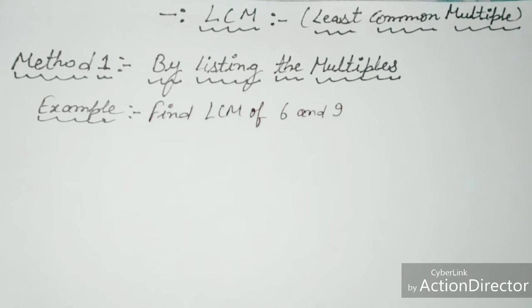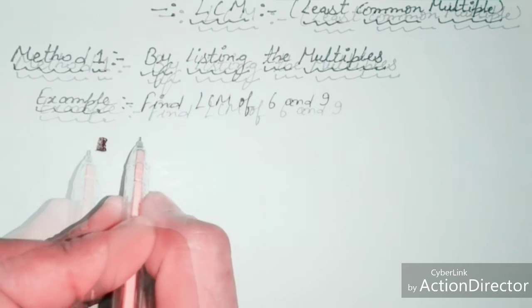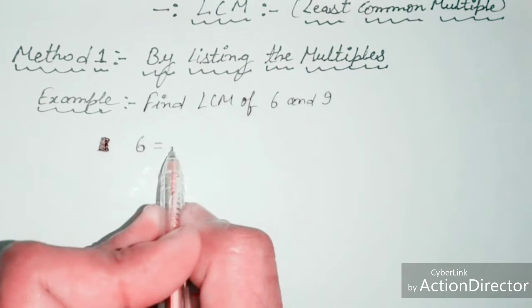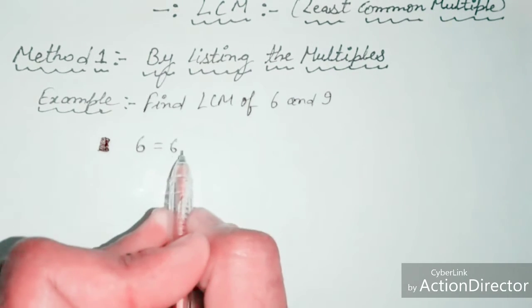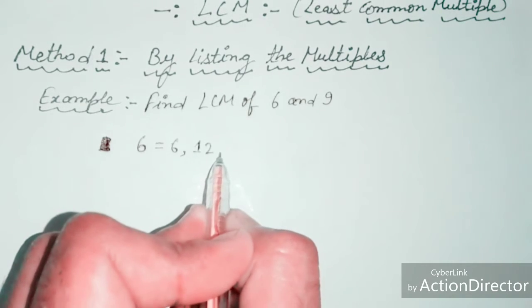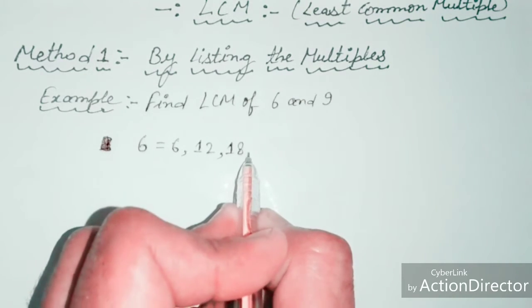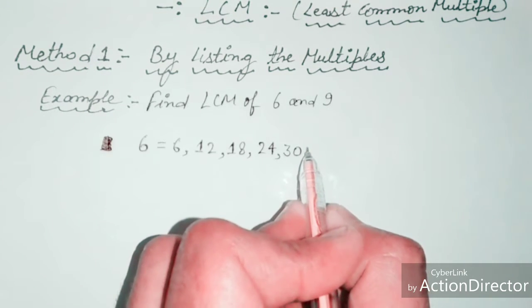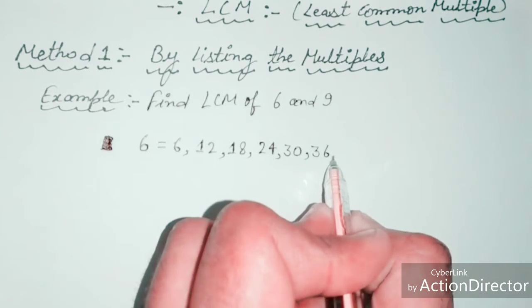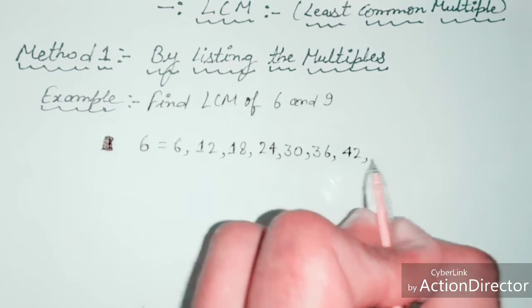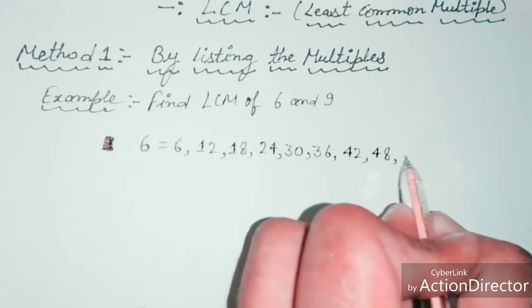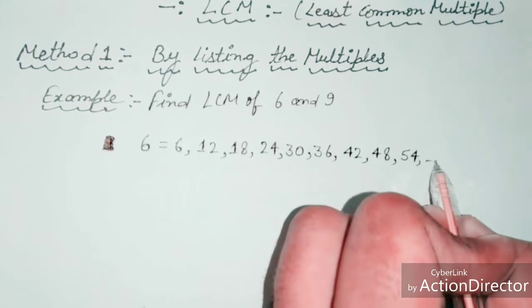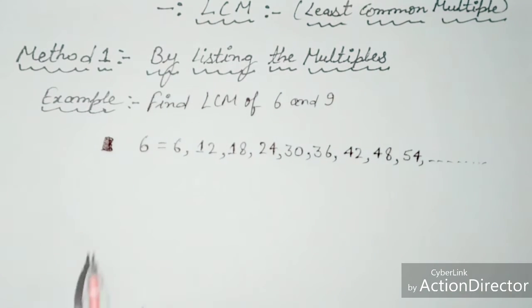So first we write multiples of 6: 6 ones are 6, 6 twos are 12, 6 threes are 18, 6 fours are 24, 6 fives are 30, 6 sixes are 36, 6 sevens are 42, 6 eights are 48, 6 nines are 54, and other multiples of 6.